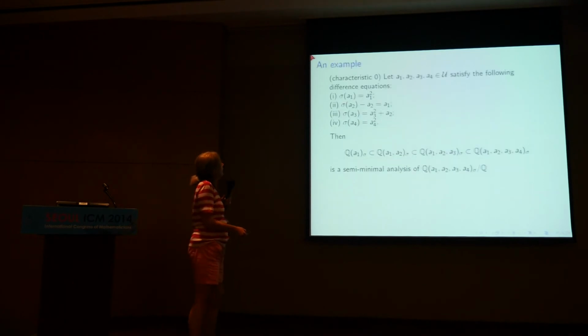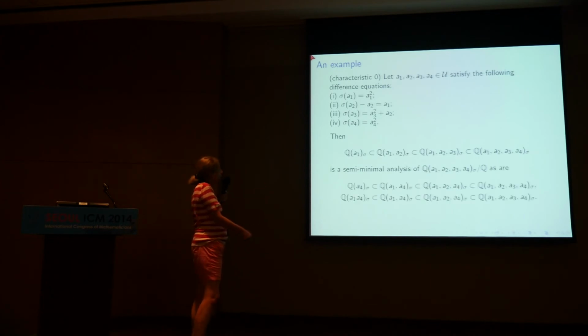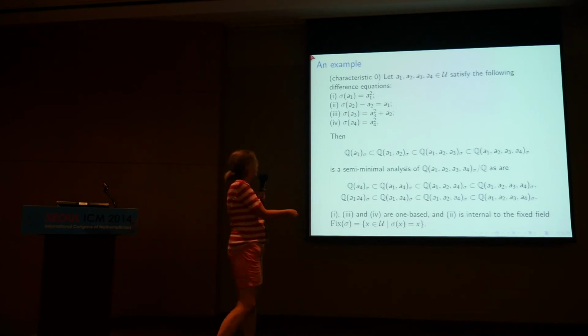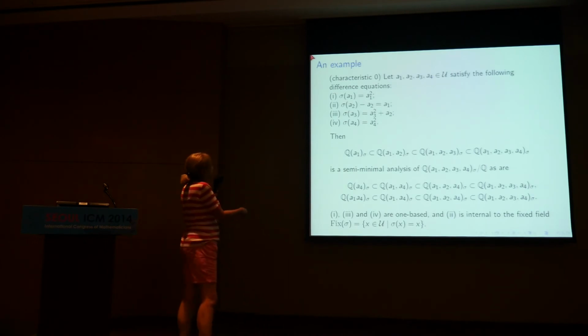So this was an example of an analysis. The way I'm stating this example, the analysis is already there, but actually you have several ways of doing it, of course. And I should say that one can show, at least in characteristic 0, that the extensions coming from 1, 3, and 4 are one-based.